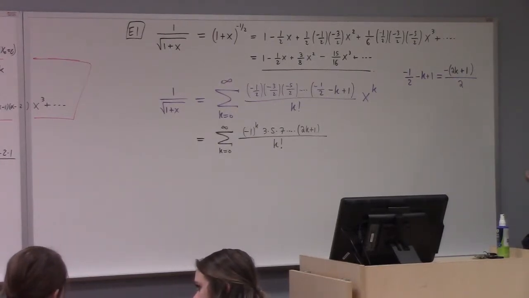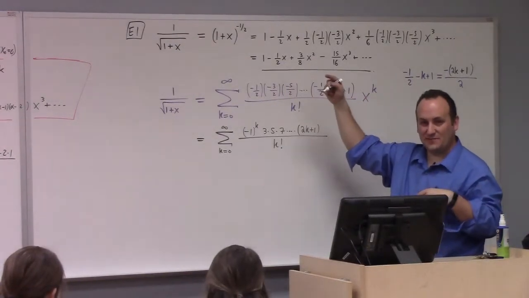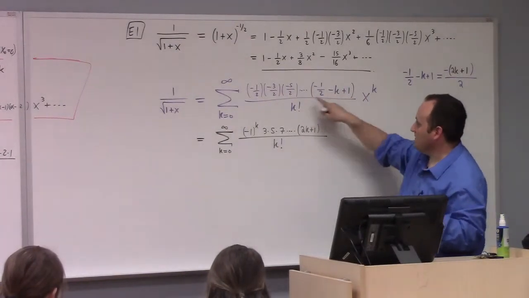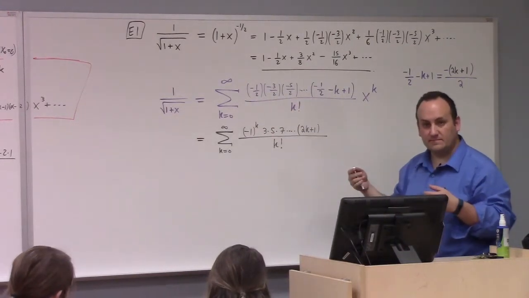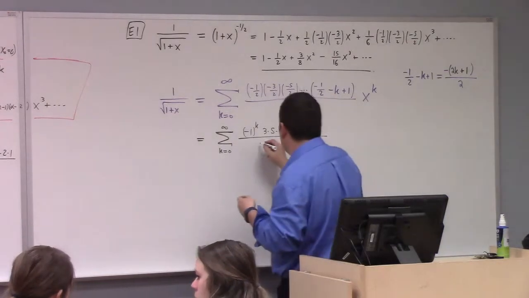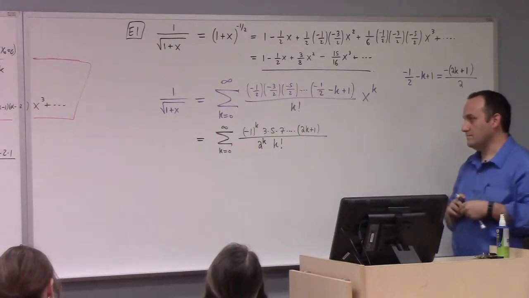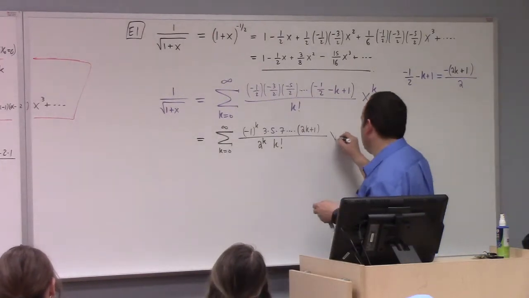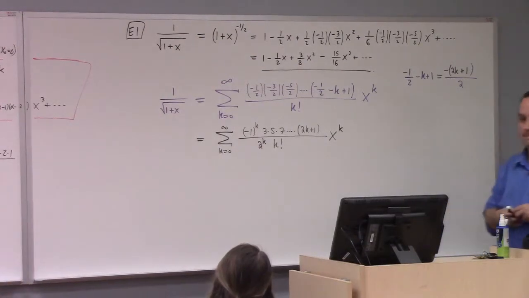Don't be distracted by this formula up here at the moment. That's a simplification of what I'm doing at the moment. I'm just counting the 2's from these purple factors. 2, 2, 2, 2. There are k of them, right? So 2 to the power k, x to the k. Could you play further games with this? Could you simplify this further?